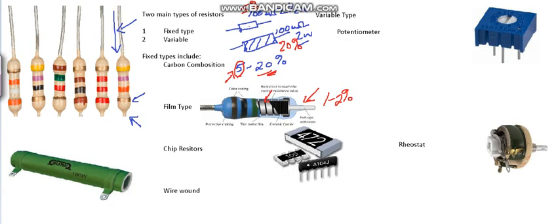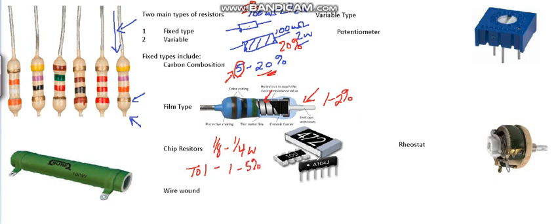The power dissipation in these is typically about 1/8 of a watt to 1/4 of a watt. So they're not meant for high current applications. However, they are nice in that they're very, very small. The tolerance on these is between about 1% to 5%.